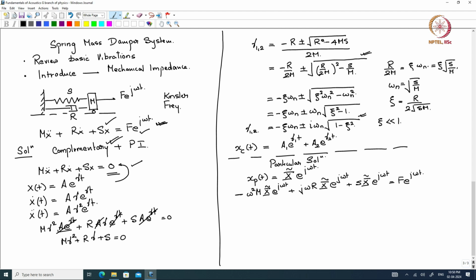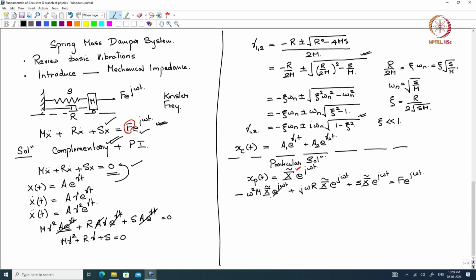Here I am assuming that this f is real, which is okay because everything begins with f, whereas I am saying that this x tilde can be complex. Now if we eliminate e to the power j omega t, because it is not 0, I can divide the whole equation by e to the power j omega t.